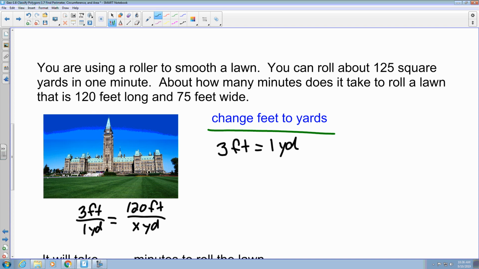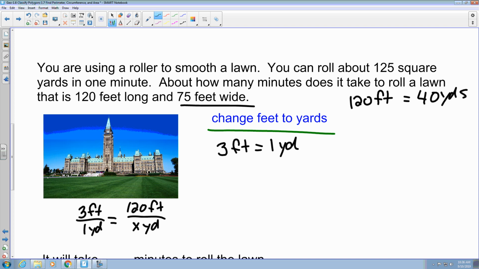Then I can do cross products: 1 times 120 is 120, 3 times X is 3X, so I take 120 divided by 3. 120 feet is the same as 40 yards.